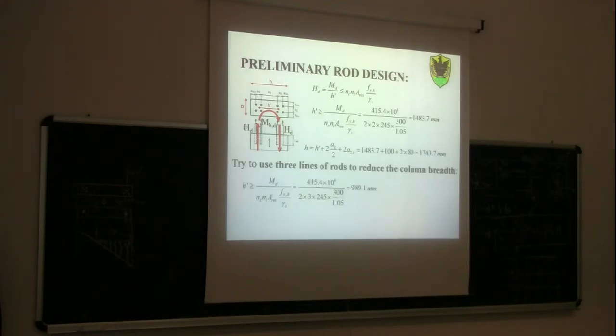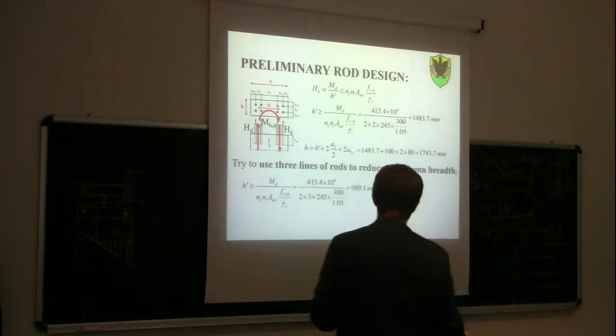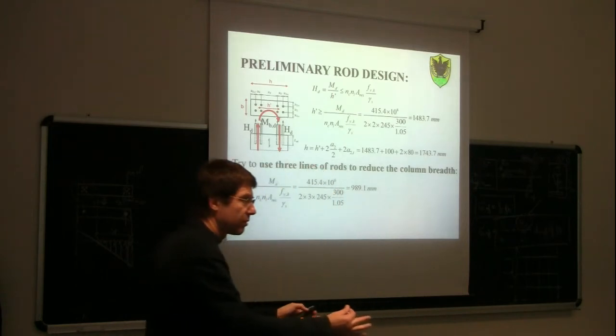The second design was 3 lines of rods to reduce the column gap. At the beginning we started with 4, and then we said that since with 4 we will get a column which will be too big, it's better to increase those 4 bars to 6, in order to reduce the breadth of our column.